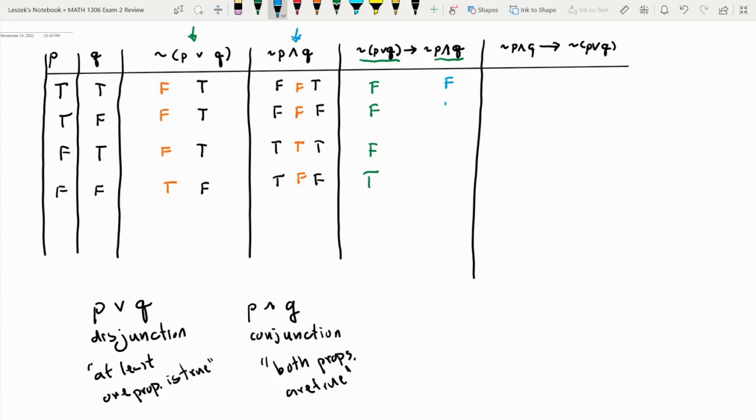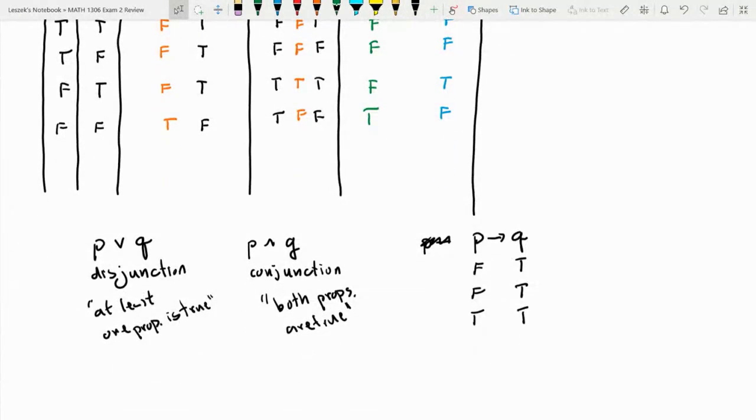So false, false, true, and false. Okay, and then the implication, let's use P implies Q. We know that the implication is true, oops, I wrote that twice.